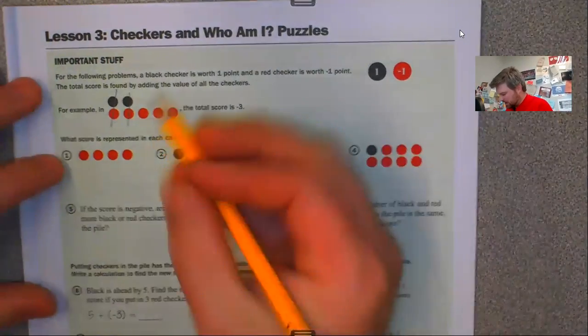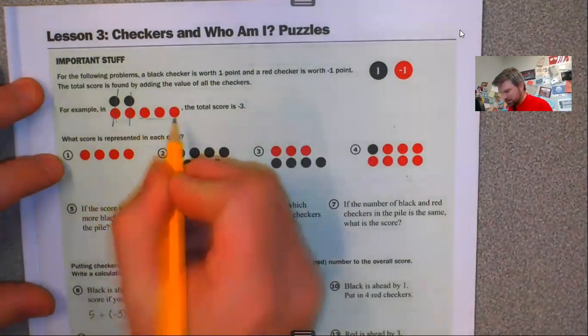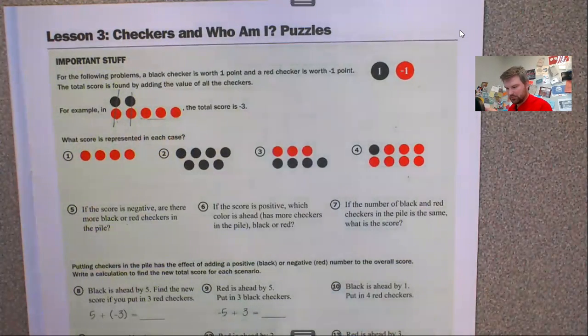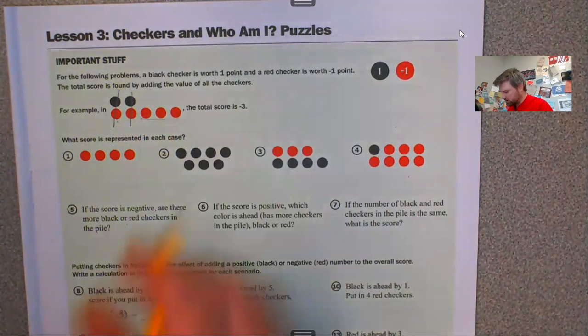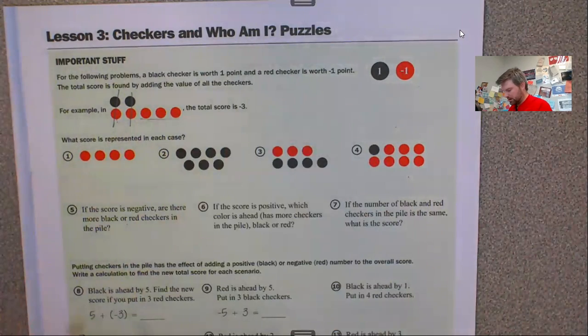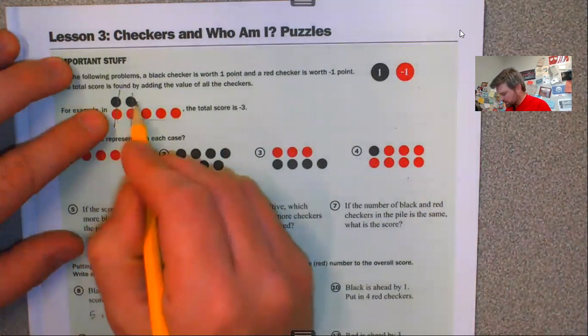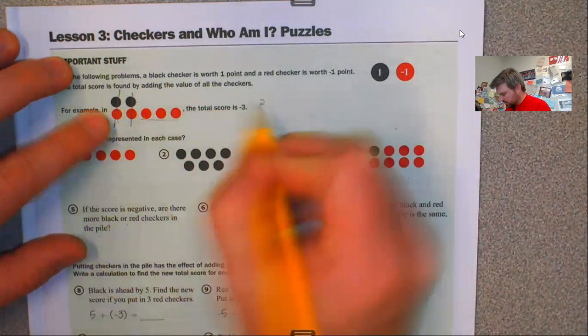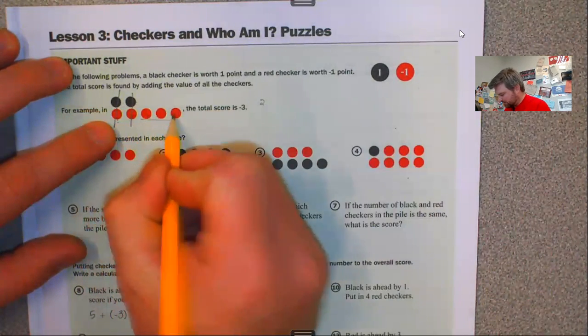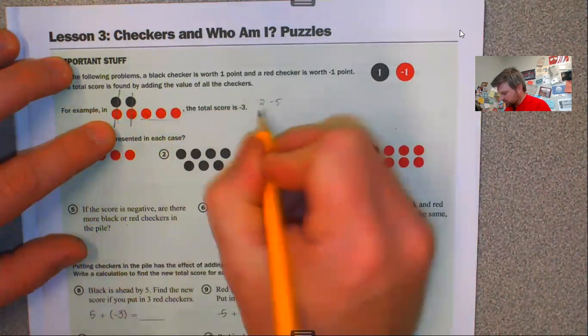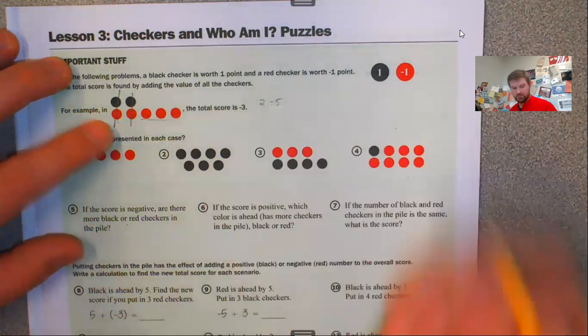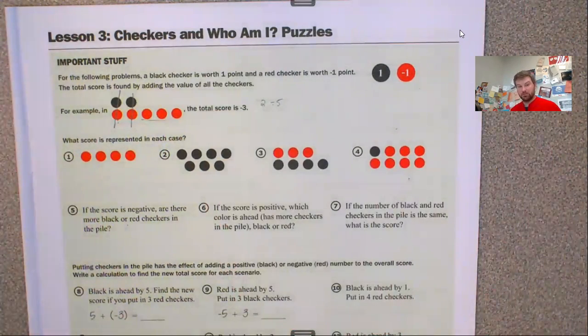So you can cancel them out and you're left with 3 pieces that equal -1, which is a total of -3. Or you can say you've got 1 + 1 is 2, and then you've got 1, 2, 3, 4, 5 -1s. So 2 minus 5 is -3.